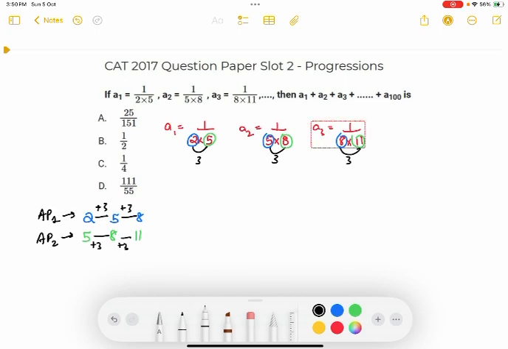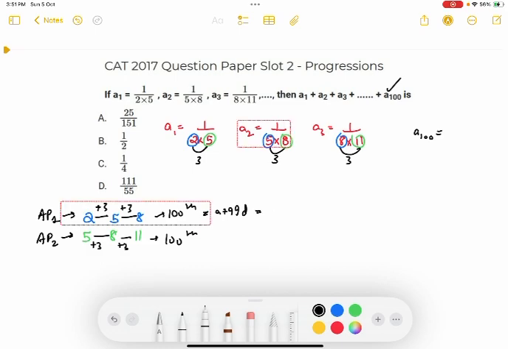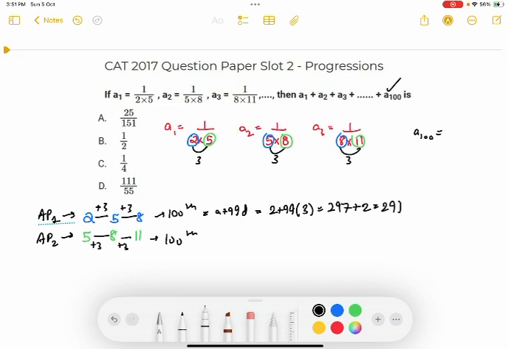If I ask you to calculate a100, you can easily calculate the a100 term. How? We calculate the 100th term of this AP and the 100th term of that AP. It would be a plus 99d, where a is 2 plus 99 into d, which is 3. 99 into 3 gives us 297, and 297 plus 2 is 299.